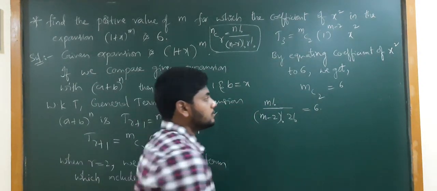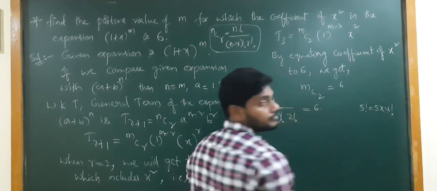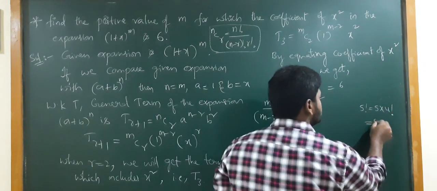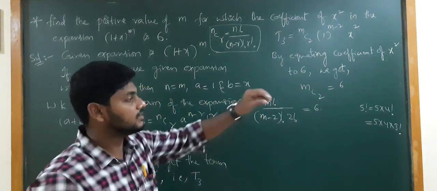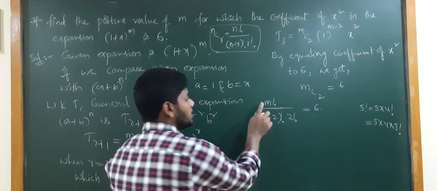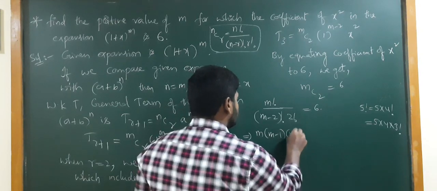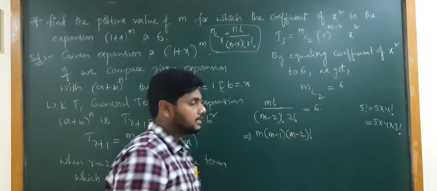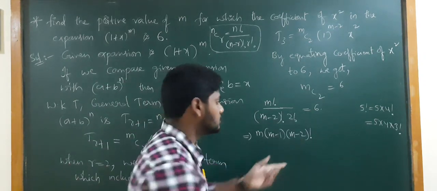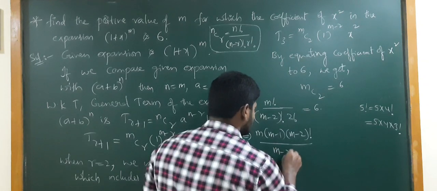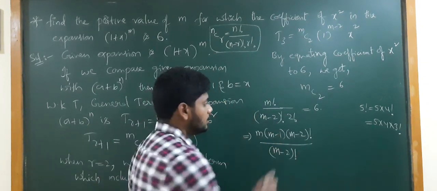In previous classes I told you 5 factorial you can also write like 5 into 4 factorial, or for our convenience we can also write 5 into 4 into 3 factorial, by decreasing 1 like that. Now m factorial, I will write as m into m minus 1 into m minus 2 factorial, divided by m minus 2 factorial into 2 factorial.